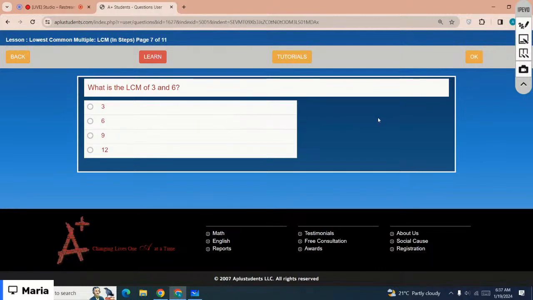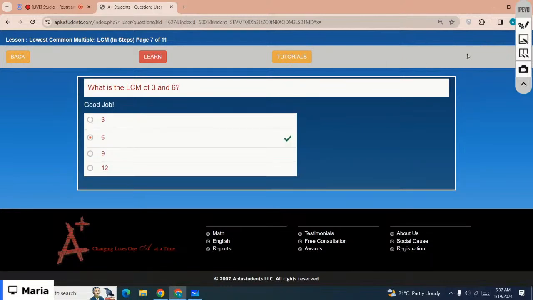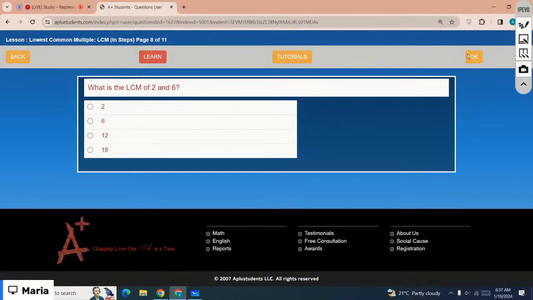The correct option is 6. It is 6, not 12. How 12? When you write down the multiples of 3, they are 3, 6, and 9, right? And the multiples of 6 are 6, 12, and 24.